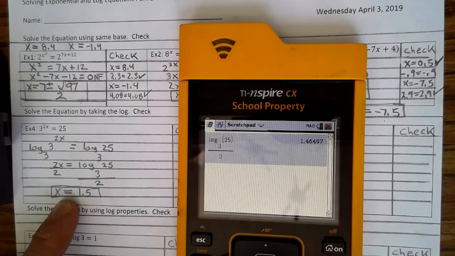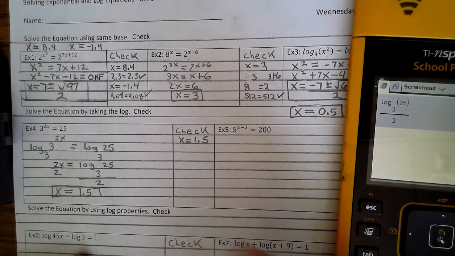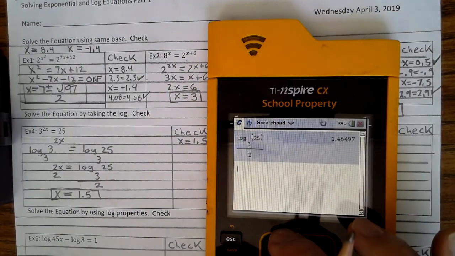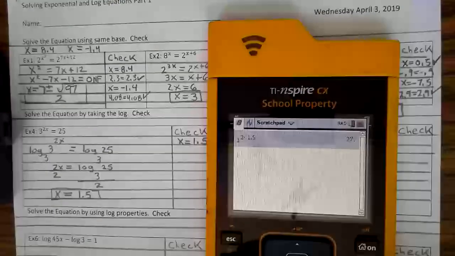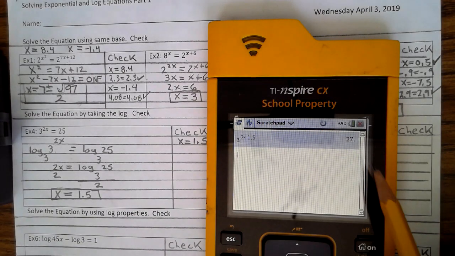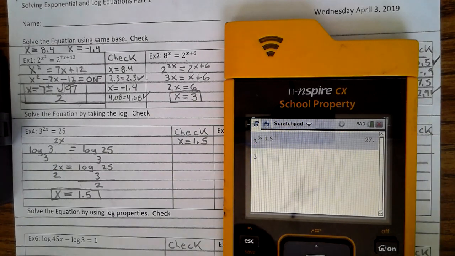If I were just to use 1.5, then I'd do 3 upkey 2 times 1.5, and it equals 27. So if you did it that way, you would say it wouldn't check. So what you have to do is 3 upkey 2 parentheses, control divide, control log base 3 of 25 divided by 2, and you can see that it checks with 25.